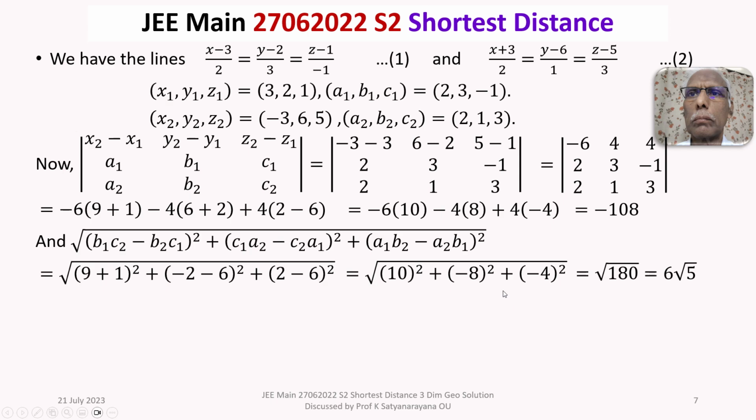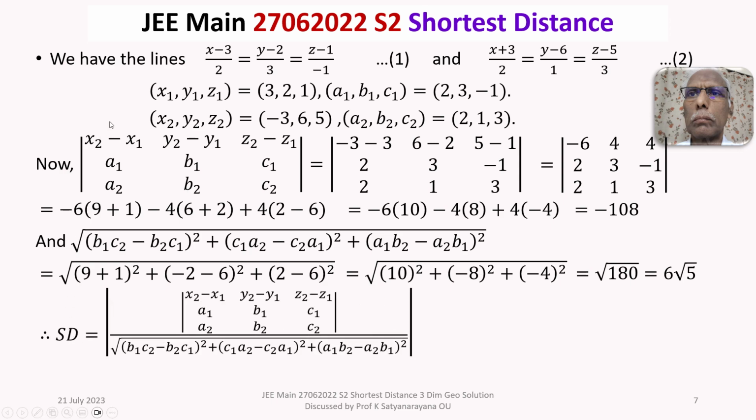Now we have the numerator and denominator values. The shortest distance is equal to the modulus of the numerator, minus 108, divided by the denominator, 6 root 5.